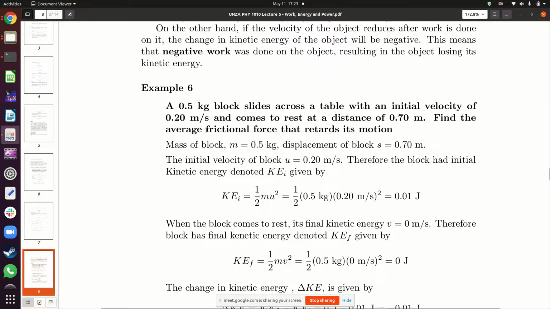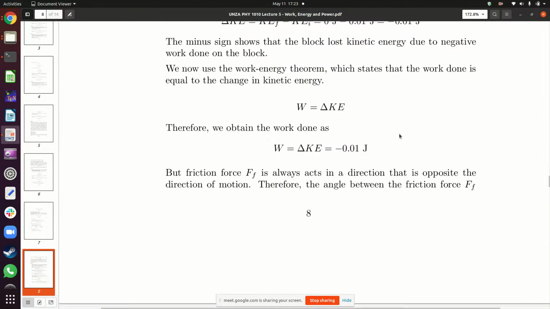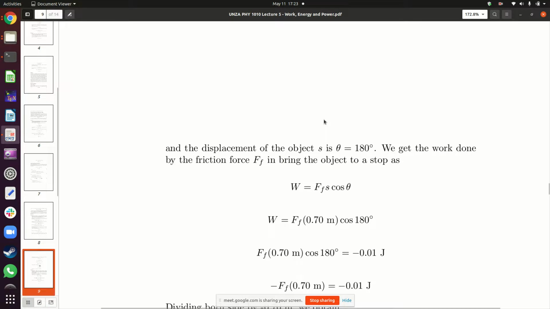As we have been told, there is a friction force which is slowing down this particular object. This friction, as we know about friction, is acting in the direction opposite the direction in which the object is moving. The distance the object slides is 0.7. So this 0.7 is the displacement, and we are looking for the work done by friction.